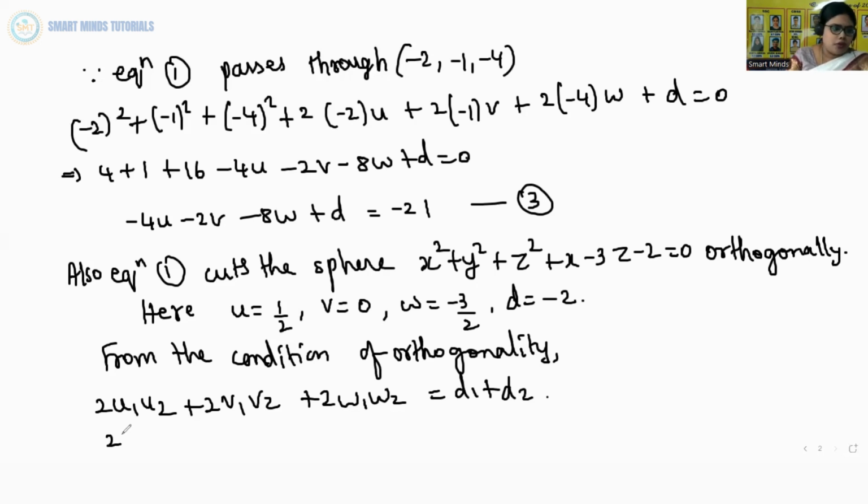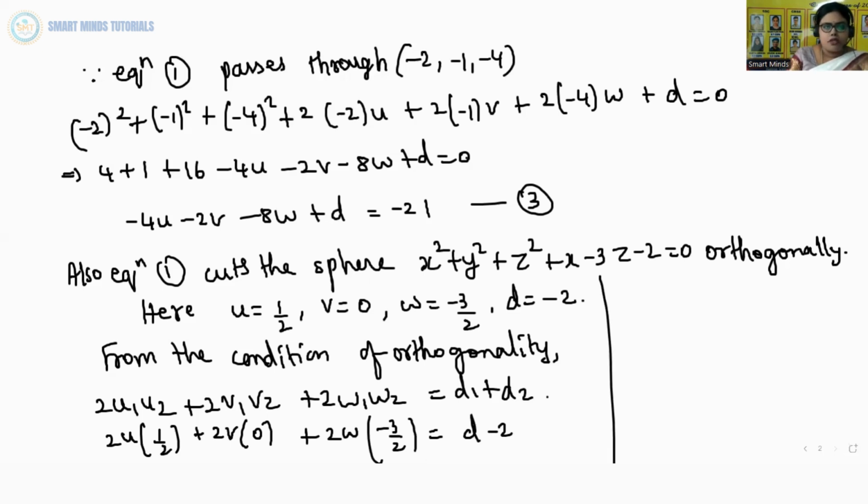So 2u into 1 by 2 plus 2v into 0 plus 2w into minus 3 by 2 equals d minus 2. So we get, over here, the 2 cancels. We get u minus 3w equals d minus 2. So u minus 3w, we bring both terms to the left hand side. So we get u minus 3w minus d plus 2 equals 0.